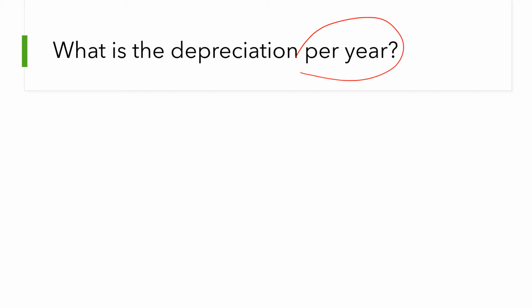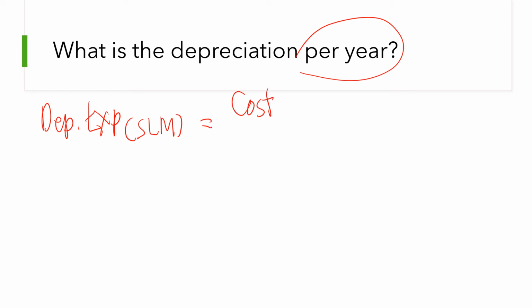So let's apply what you have learned in your CA 5101. So the depreciation expense using straight line method is computed as the cost of asset minus the estimated salvage value or residual value divided by its useful life.